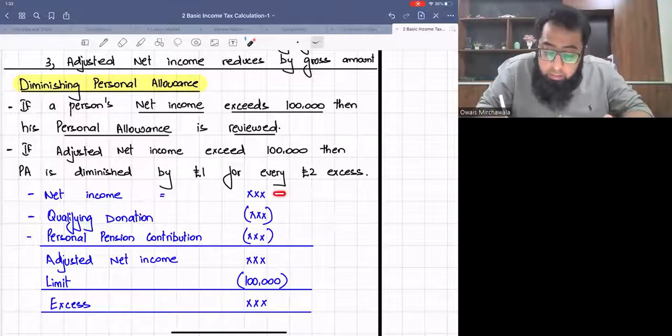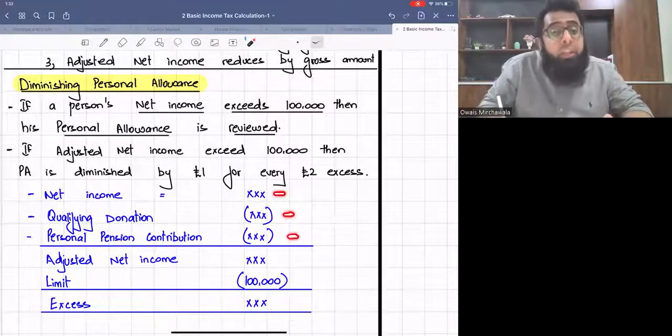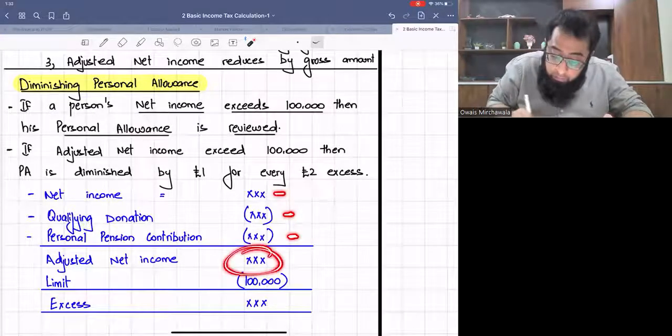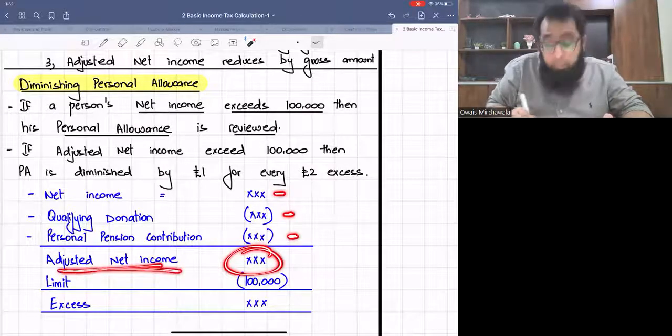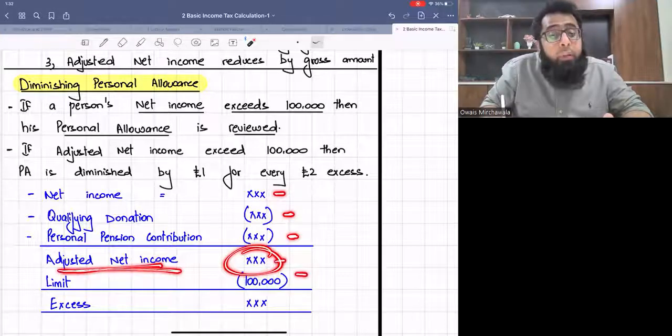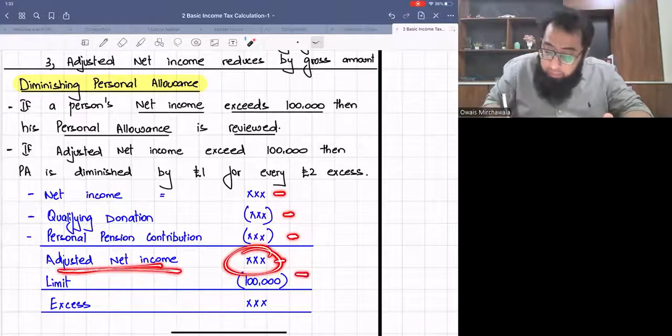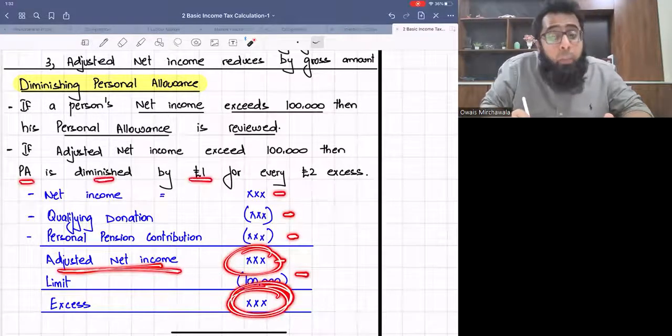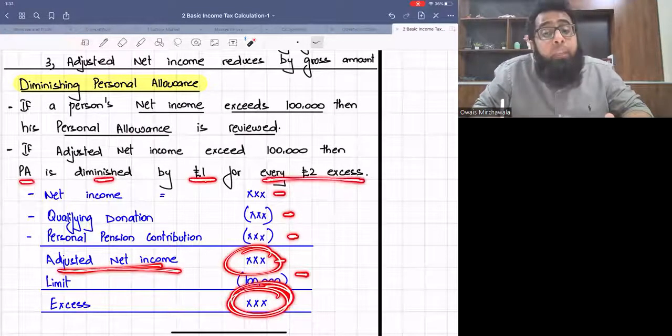So from our net income, we deduct our qualifying donation and our personal pension contribution. This amount is called adjusted net income. We compare it with the limit of 100,000, and if there is excess, our personal allowance is diminished by £1 for every £2 of excess.